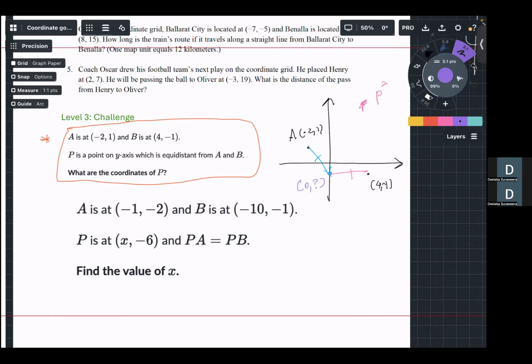Both distances are unknown, but they're equal. So what I'm trying to ask is, A and B has the same distance as A and P? No, A and P has the same distance as B and P. Oh. So the distance of A and B from P is the same. That's what I've drawn here, right?